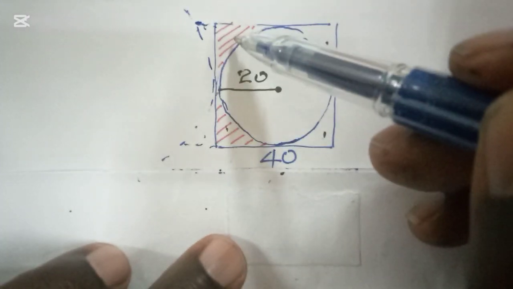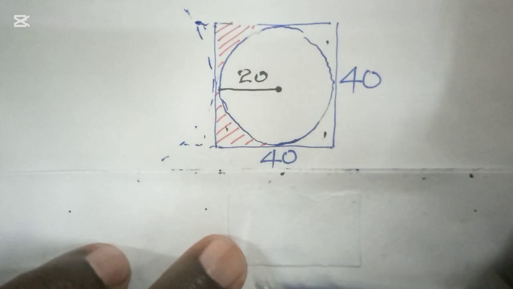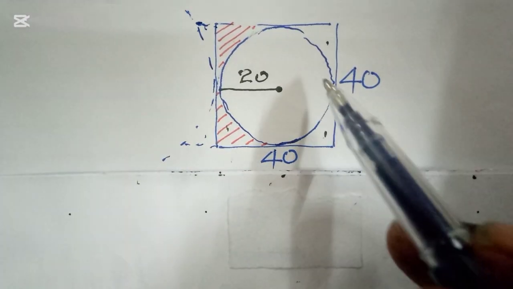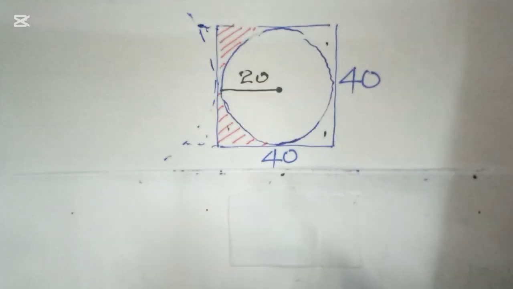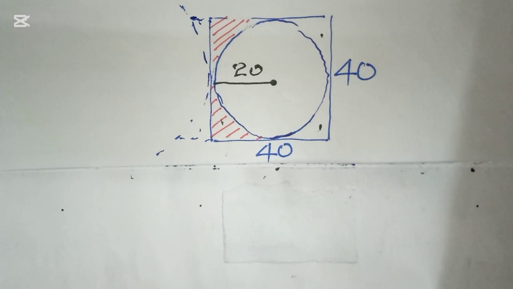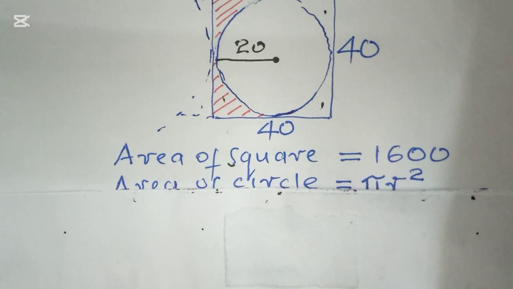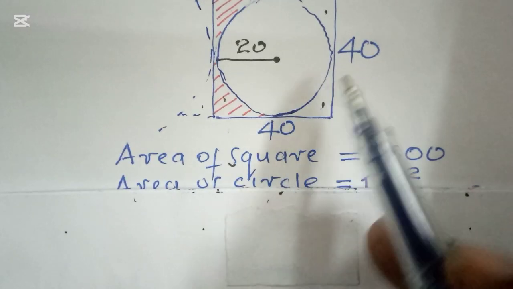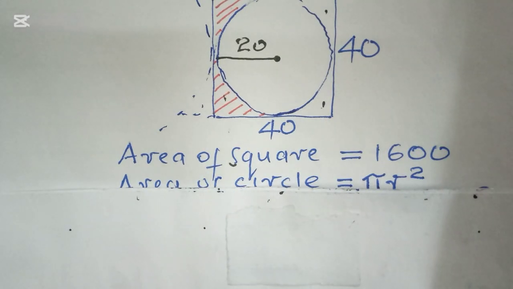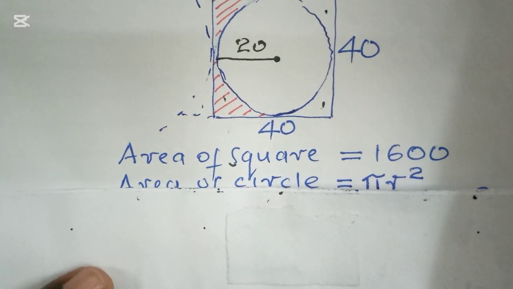So guys, first of all, we look for this shaded area here, and for that we find the area of the square and the circle. First, the area of the square will give us 1600. That is 40 multiplied by 40, which is the length of the sides.